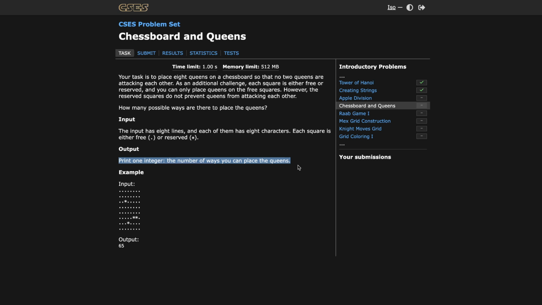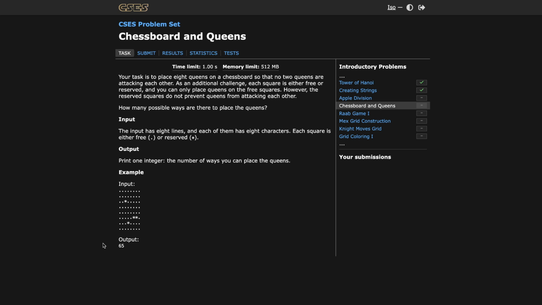And because we have to place queens, and queens attack each other through rows or columns or the diagonals, right? And the diagonals here are both the diagonal from the top left corner to the bottom right corner, and also the top right corner to the bottom left corner.